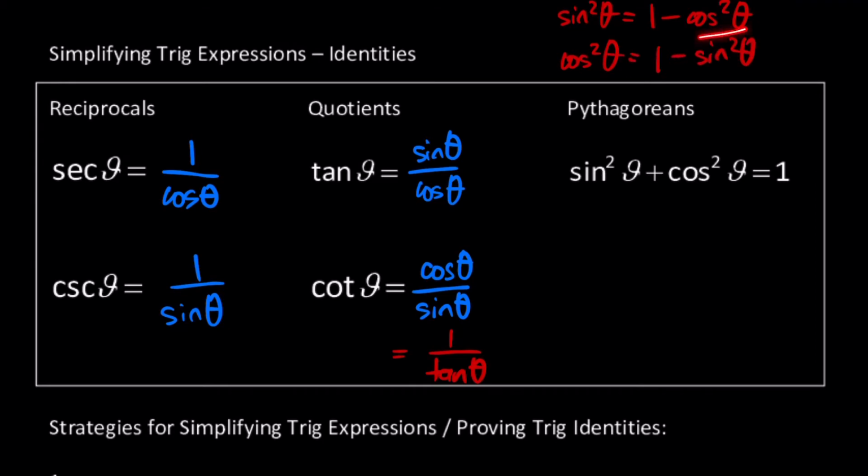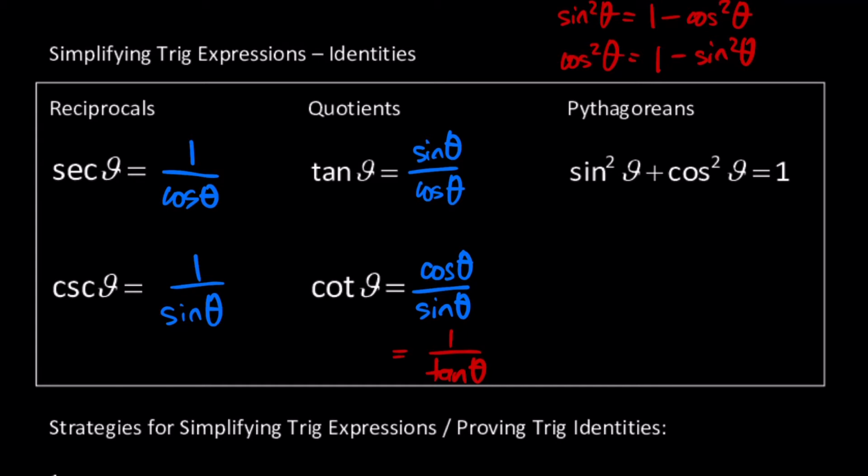Sometimes you might see this in an expression and you can replace it with a sine squared. Other times you might see 1 minus sine squared and you can replace it with cosine squared. Notice they have to be squared. If you don't see a squared, you can't replace it. Very important.